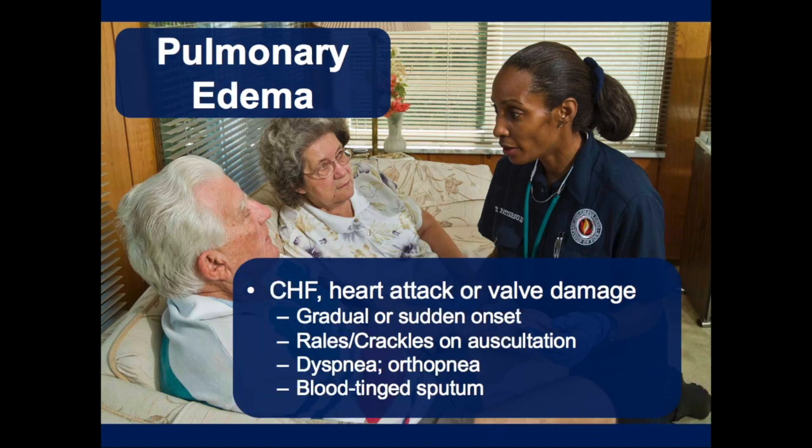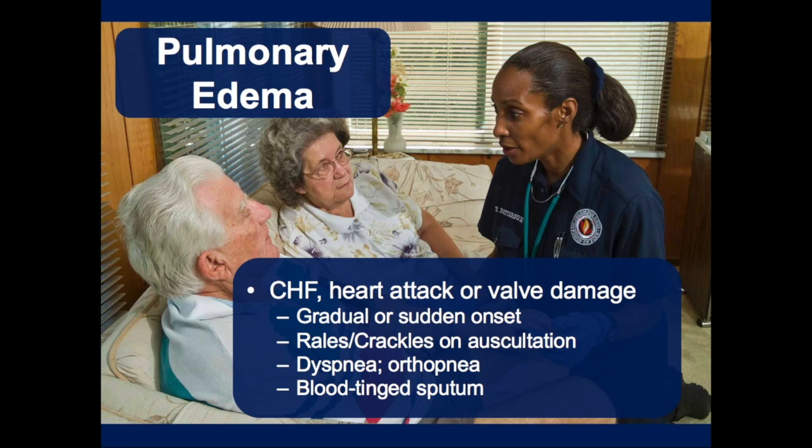Okay, so pulmonary edema, this is closely related to the congestive heart failure and can be a direct result of heart failure. Causes of pulmonary edema can be acute, like a heart attack. It can be from valve damage or more chronic difficulties.